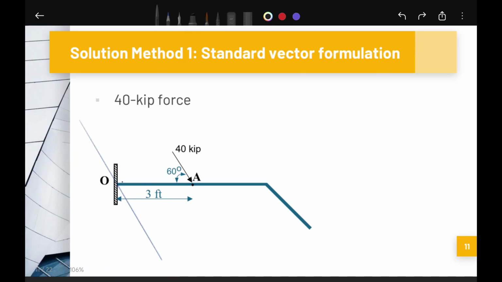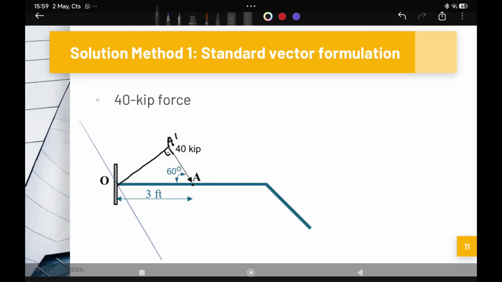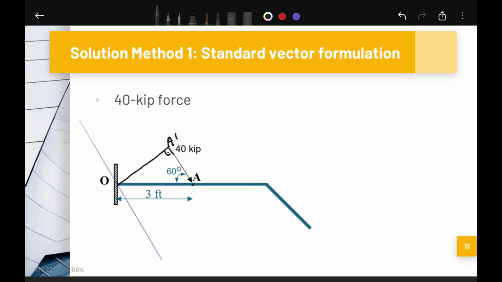I'm going to draw a line from point O to the line of action of the force, and I obtain a triangle here, OA prime A triangle.